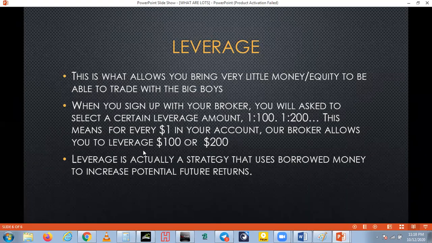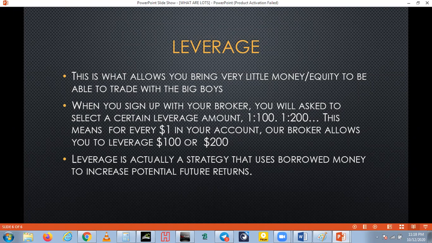So this part that says $1 in your account, the broker allows you to trade on it. It's not like they're actually giving you their money. I don't know how to explain that.